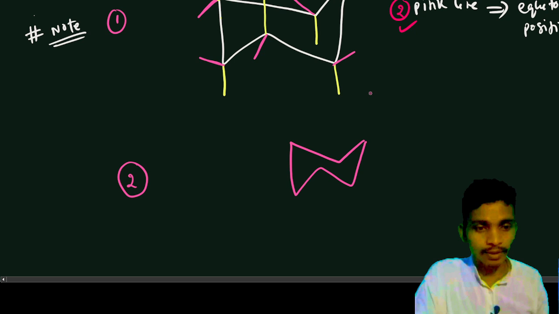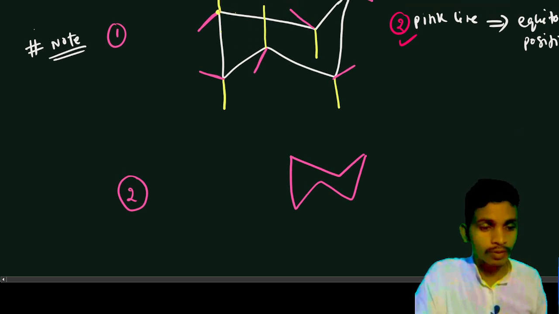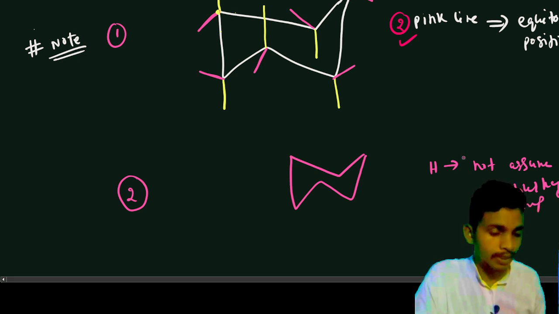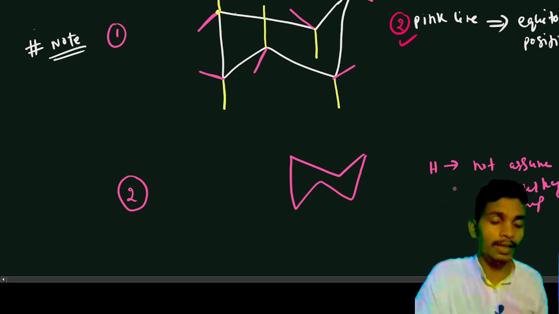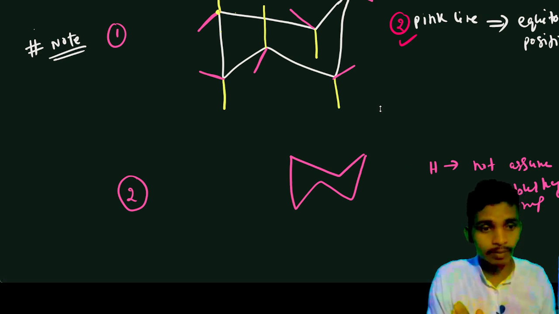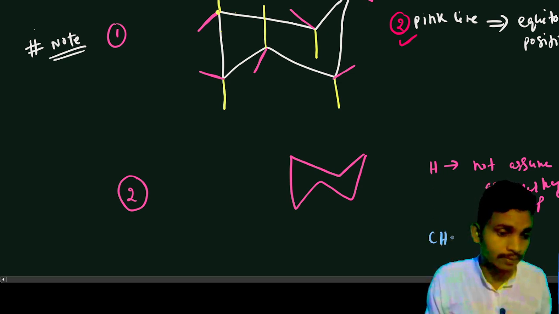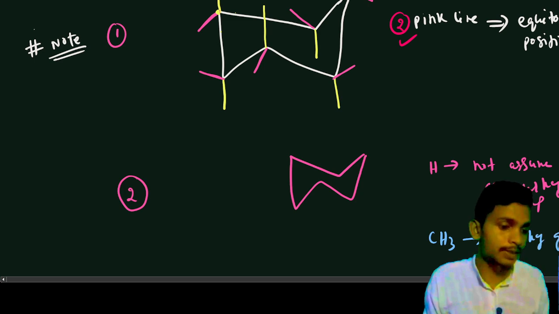Okay, let's say the H atoms are not assumed as bulky groups, but except H, all other groups are assumed as bulky groups. So remember that H is not assumed as a bulky group, but CH3 is assumed as a bulky group. Why am I saying these things?